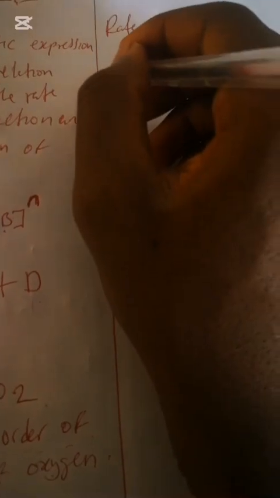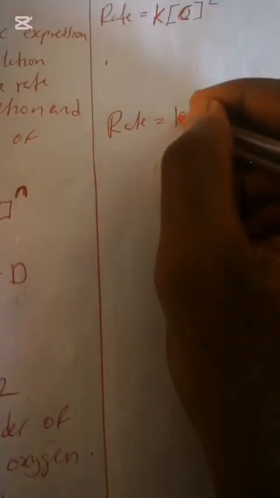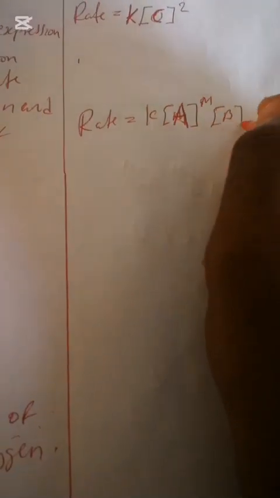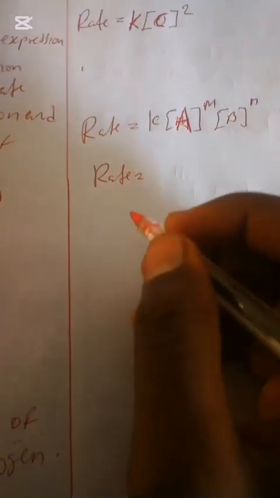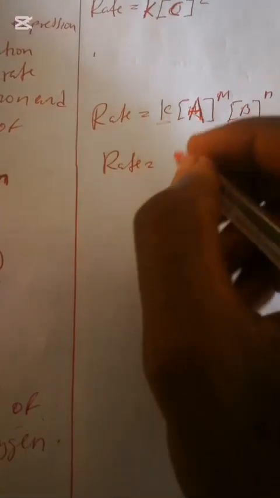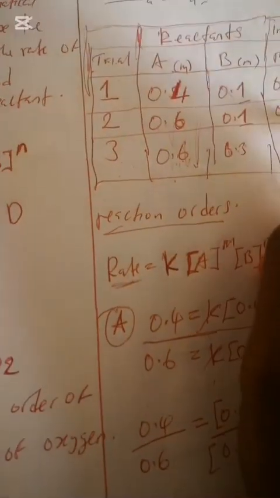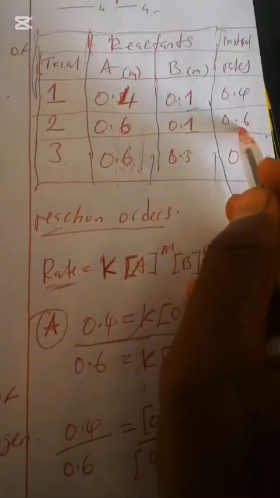Remember the formula for the rate. Rate is equal to K, A to the power m, then B to the power n. So we replace according to that.